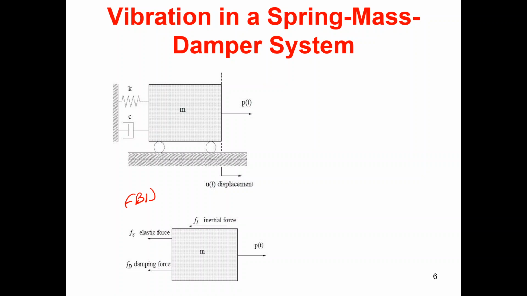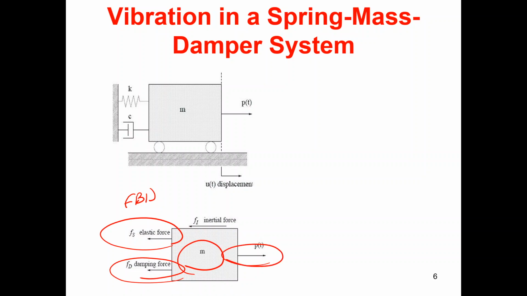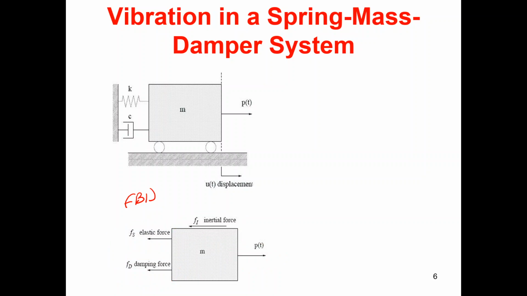You have the mass, you have an elastic force that is there because of the presence of a spring, you have a damping force that is there because of the presence of the damper, you have your force that is usually a function of time, and you always have your inertial force that is going to act in the opposite direction to your force.